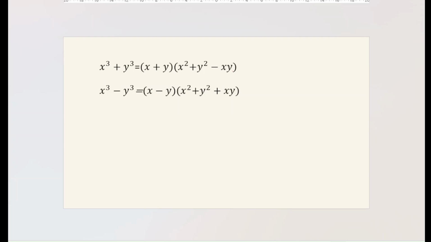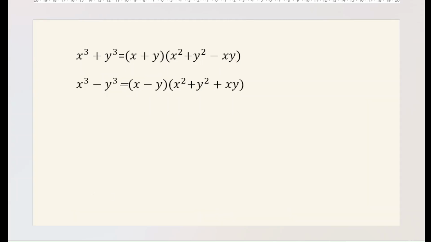So next is x plus y whole cube. Now this is one more identity. What is x cube plus y cube? That is equal to x plus y into x square plus y square minus xy, and x cube minus y cube is x minus y into x square plus y square plus xy. Here is one tip to remember this. How many negative signs are there?